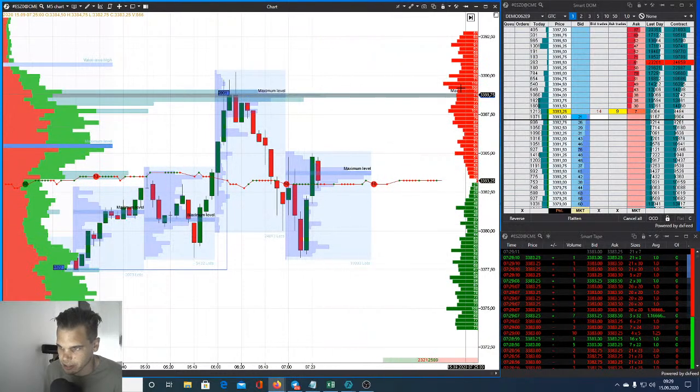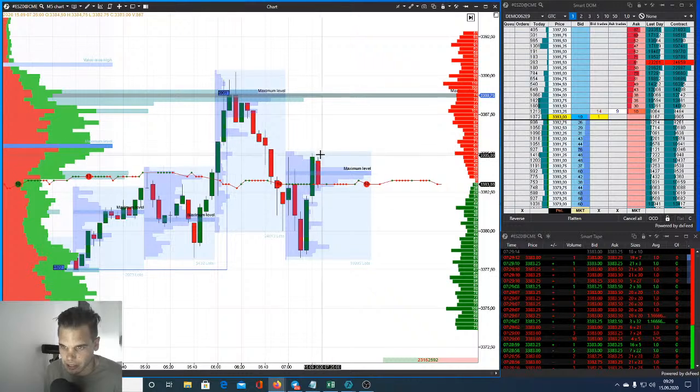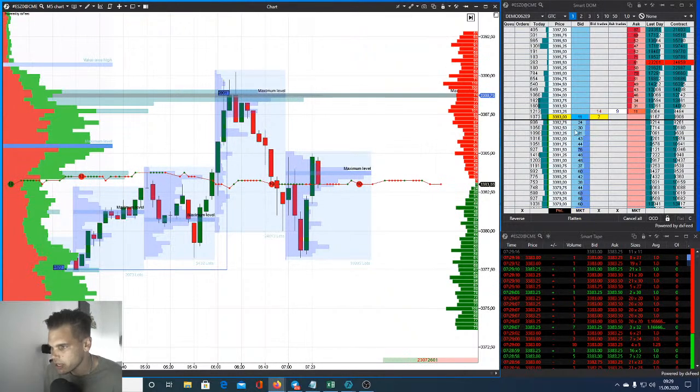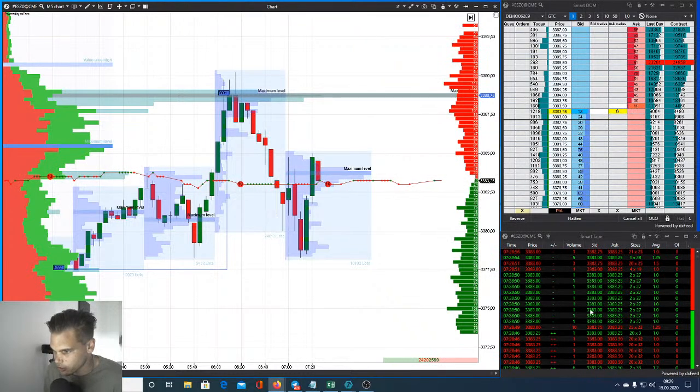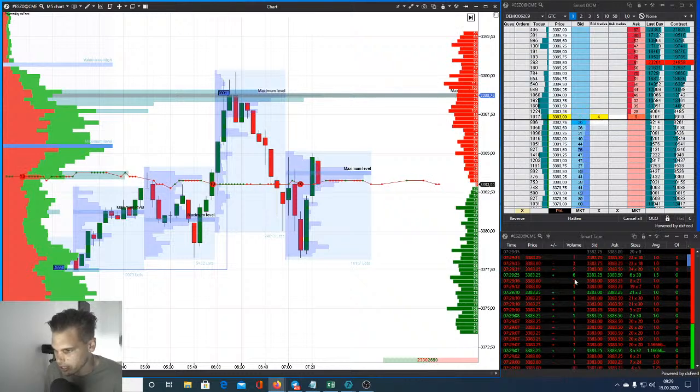I have the horizontal volume and the volume profile here, so I can basically see what is more likely. I see all the buys and all the sells, the buy limits here, the sell limits here, the market buy orders and the market sell orders. And in the smart tape down here, with the green and red figures, I can see all the orders which got realized and executed.